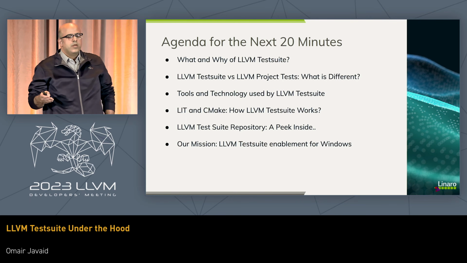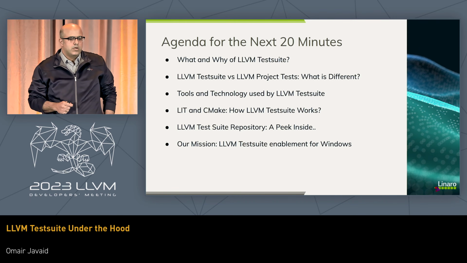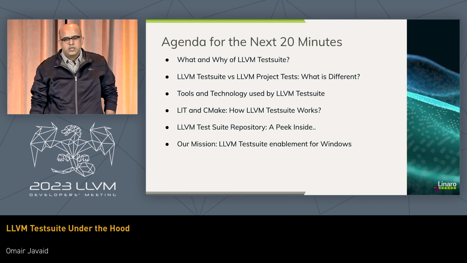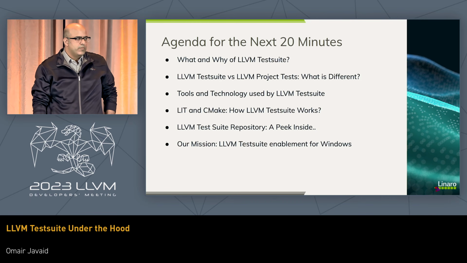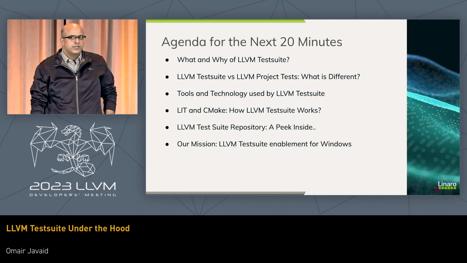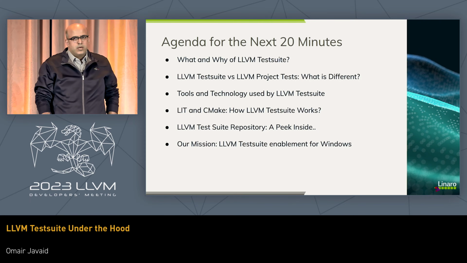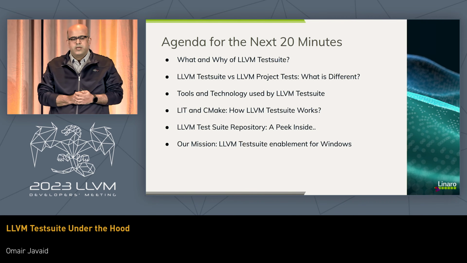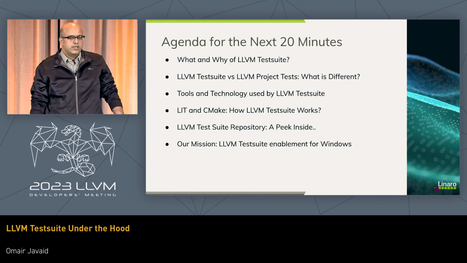Then I'm going to talk about the tools and technologies that it uses. We'll talk about the directory structure and what's in each of these directories that the LLVM Test Suite repository has. Then I'll talk briefly about how Lit and CMake work to run this test suite.